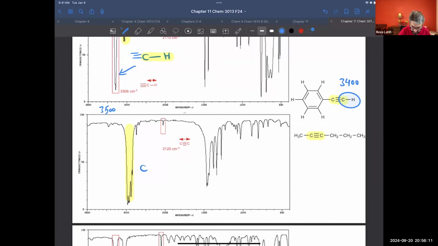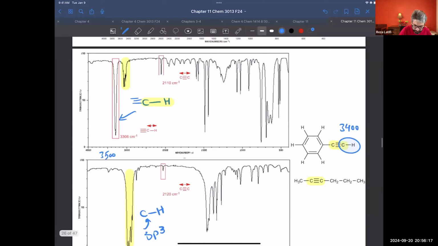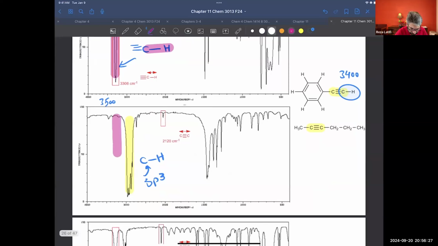That represents CH with sp3 hybridization, and that's going to be this peak. I don't see any peak here, which means I don't have an H attached to a carbon with sp hybridization.